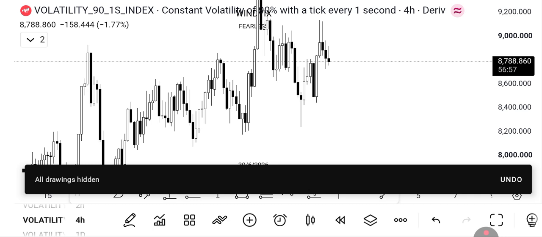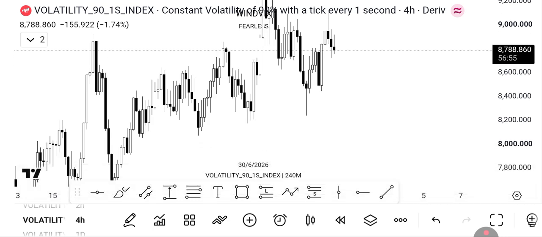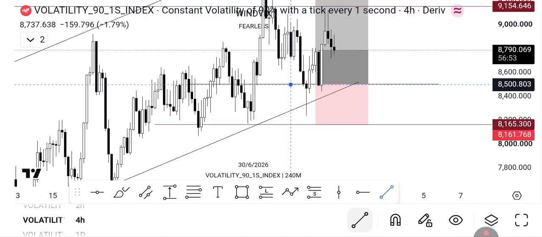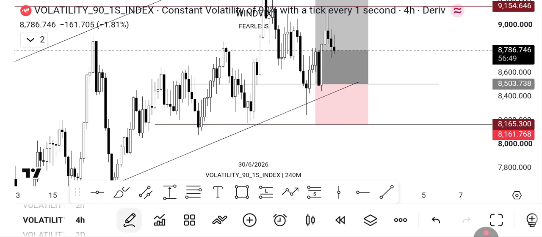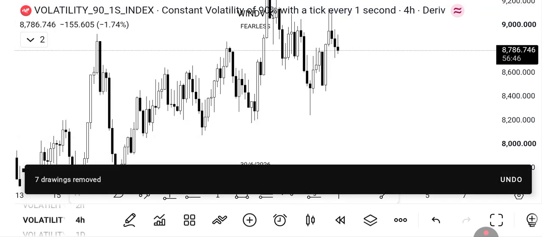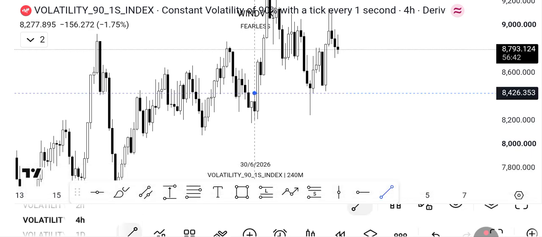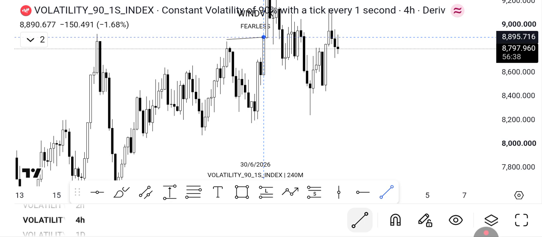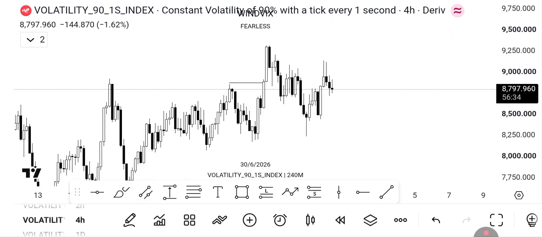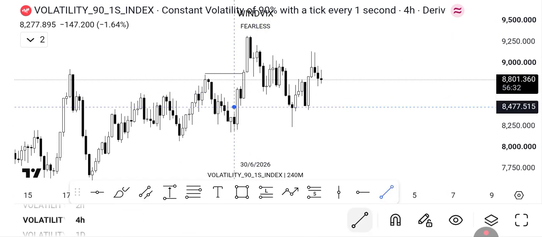Let me hide. I think I'll have to just delete it, and I can always bring them back. Okay, so we have a break of structure here. We have our inducement here.